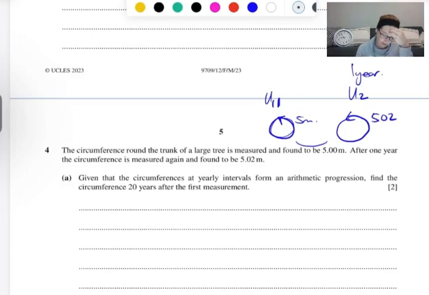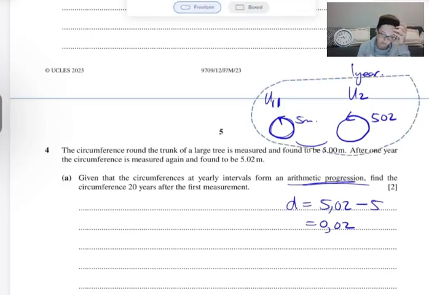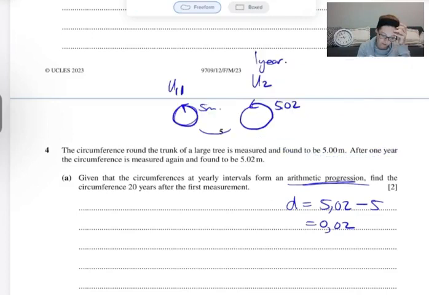Okay. Given that the circumference at yearly intervals forms an arithmetic progression, okay? So my D value is going to be 5.02 minus 5. That's 0.02. Find the circumference 20 years after the first measurement. Because we have to be careful because of how they word this question.